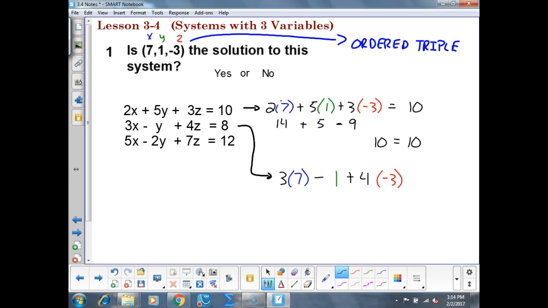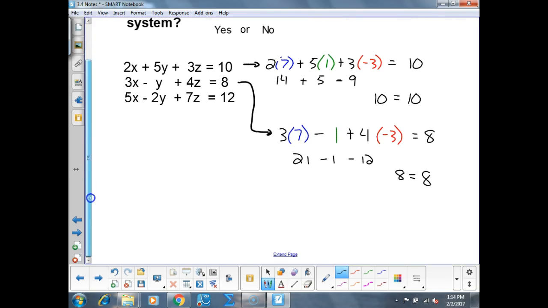And that's got to equal 8. 3 times 7 is 21, minus 1 is 20, minus 12 is 8. And 8 is equal to 8. So we're good so far.